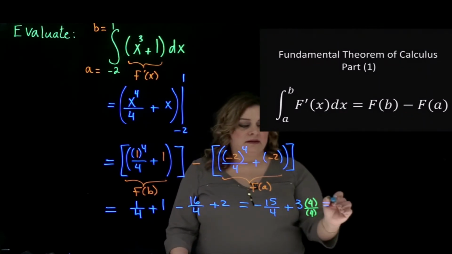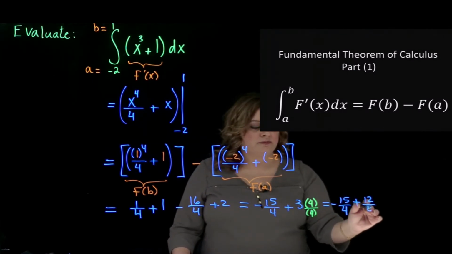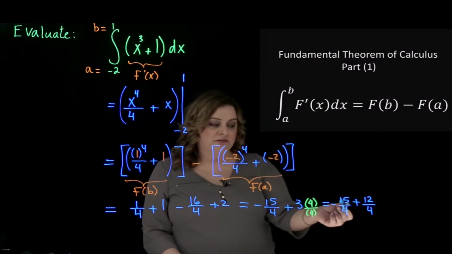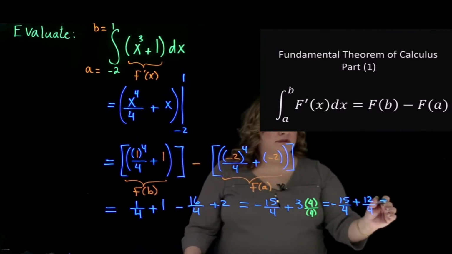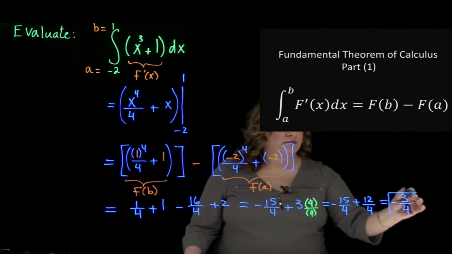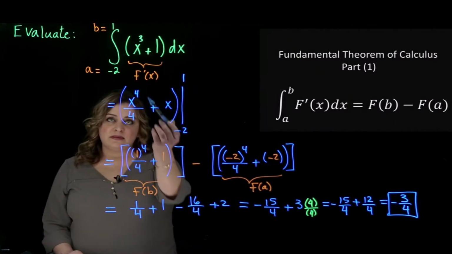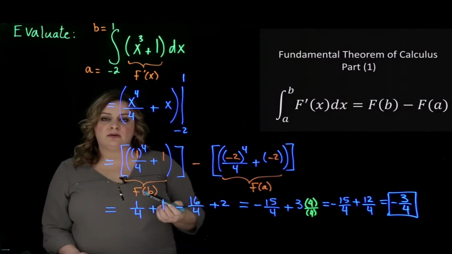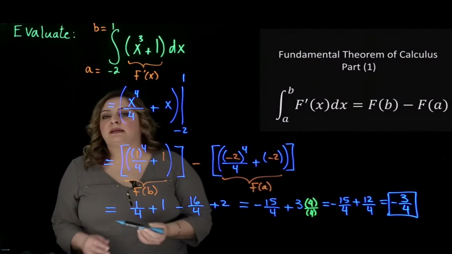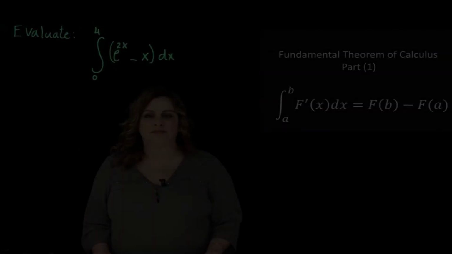This will give me -15 over 4 plus 12 over 4. -15 plus 12 is -3/4. So the definite integral is equal to -3/4, and I'm done with this example.